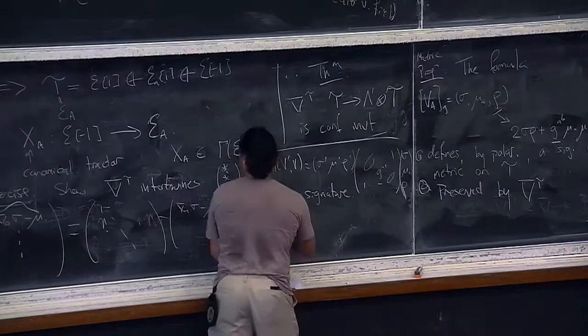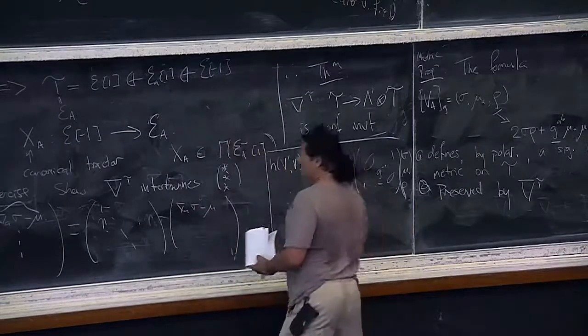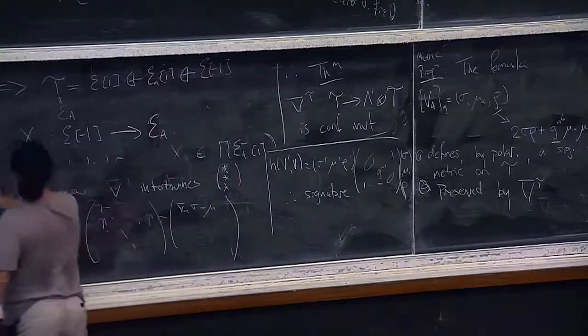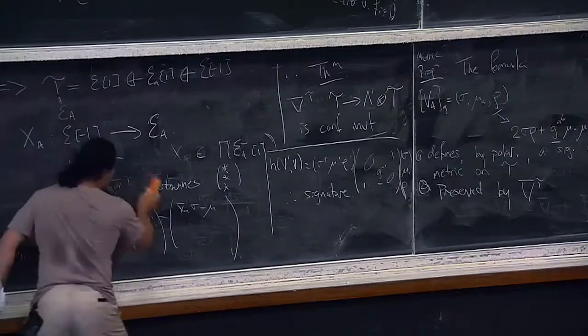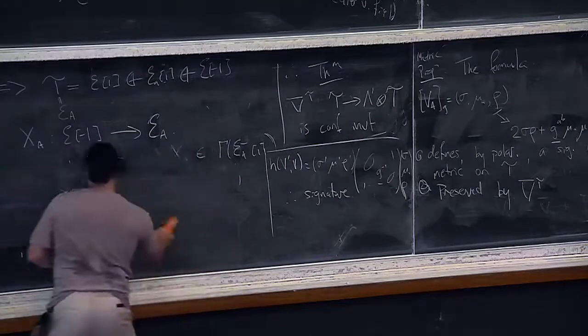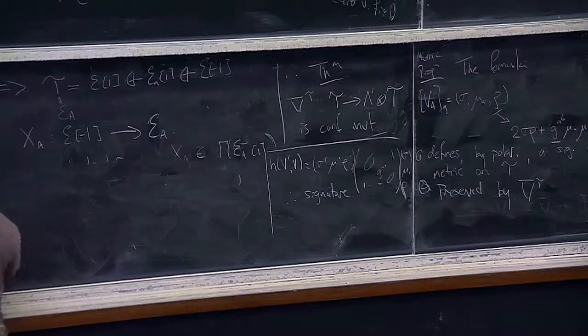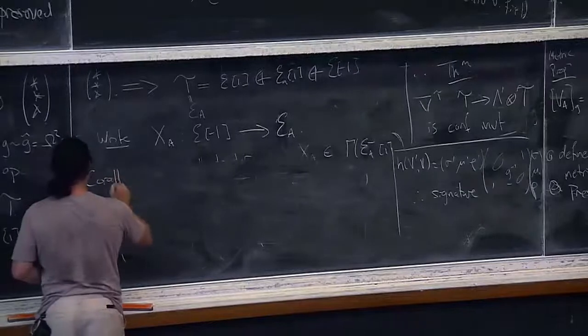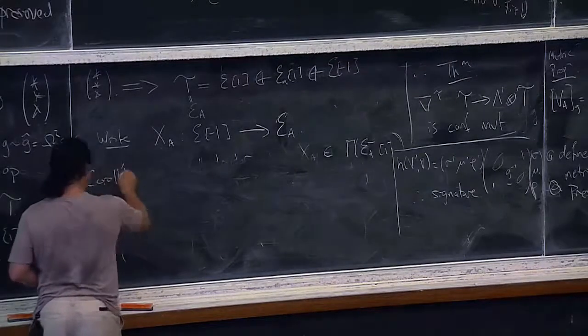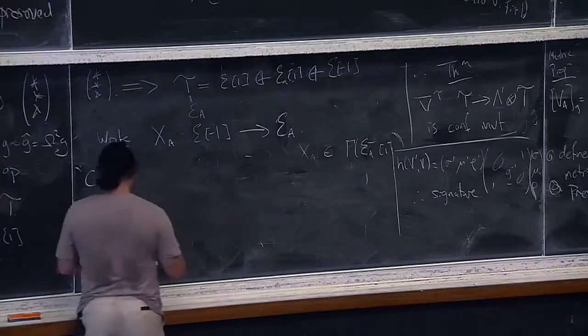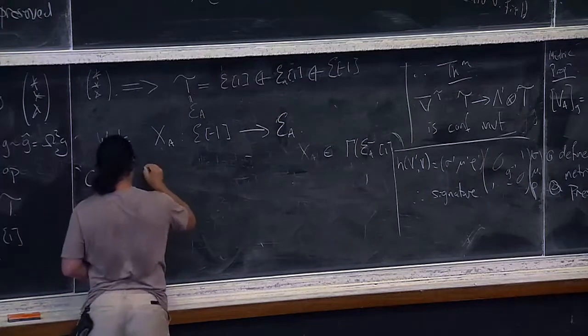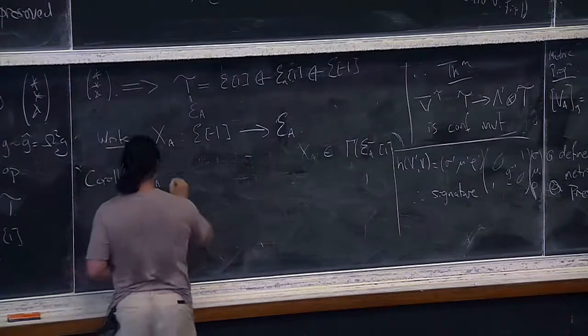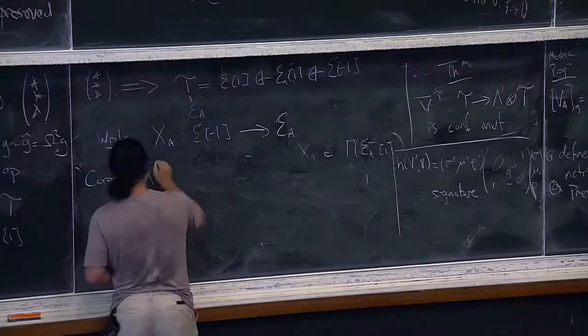Let's just observe as a little corollary, perhaps it's timely to put it here. Well, it's a corollary. It follows from this. This X^A, well, let's say, make it the vector now.